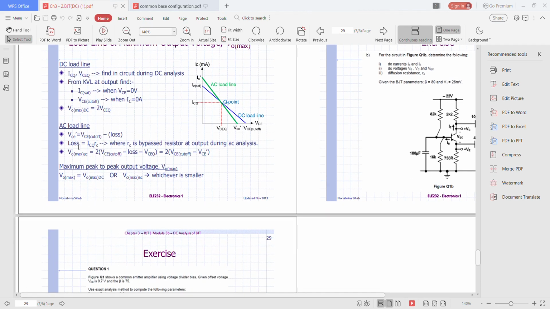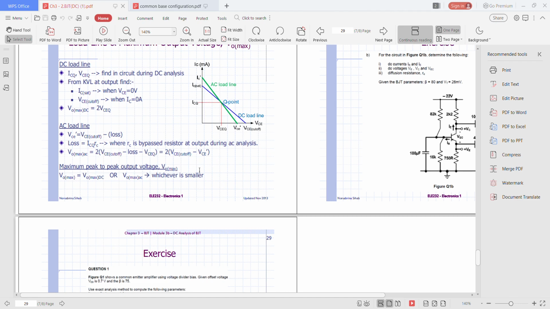For the AC load line, VCE prime equals VCE cutoff minus loss. Loss equals ICQ RC, where RC is the bypass resistor at the output during AC analysis. Vout max AC equals 2 in brackets VCE cutoff minus loss minus VCEQ, and this is equal to 2 VCE cutoff minus VCE prime.